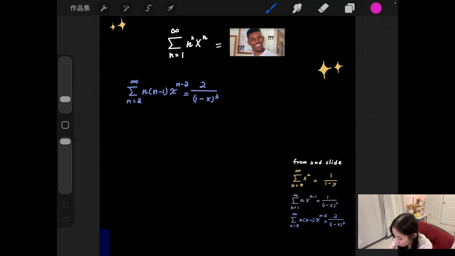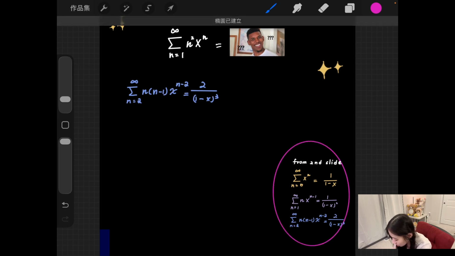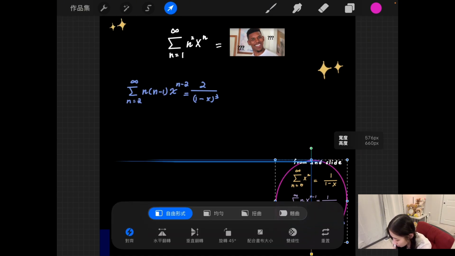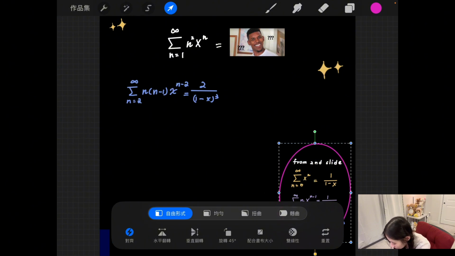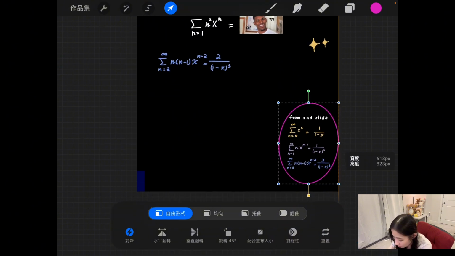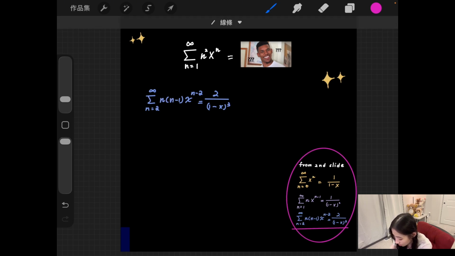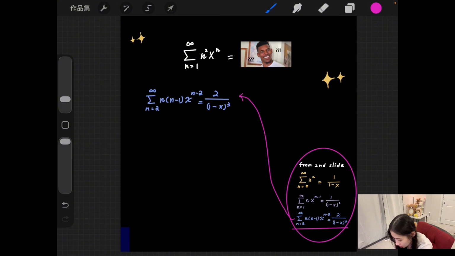So basically, we put everything we did here, the derivatives that we did earlier, and we are going to use it later. After taking the second derivative, I will write it over here. Now we're going to tidy up a little bit.